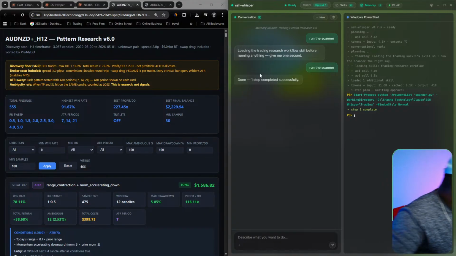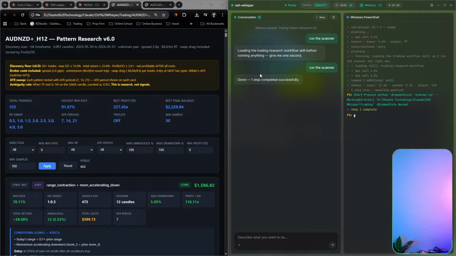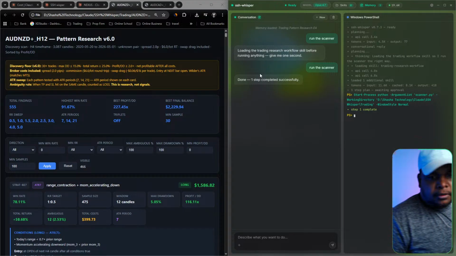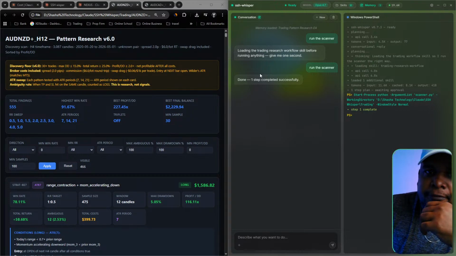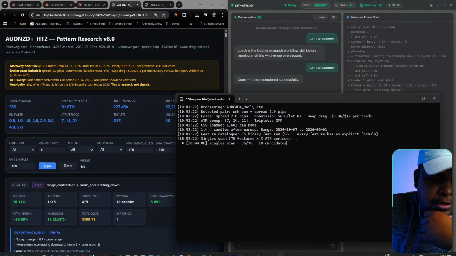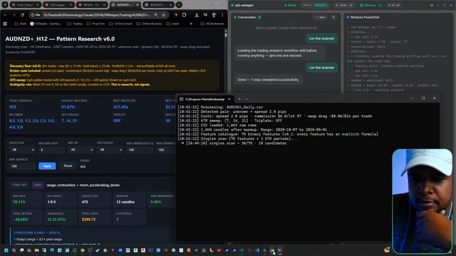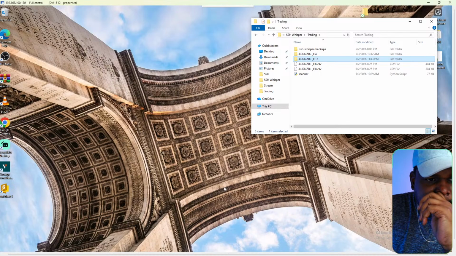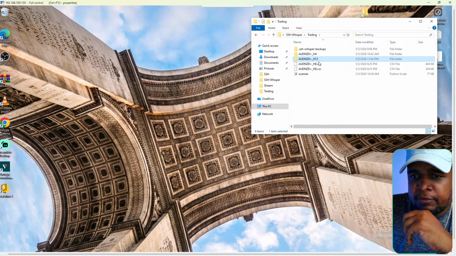One second. All right, so yeah, this is where we're at. We have this scan running, we have another scan running on the VPS.